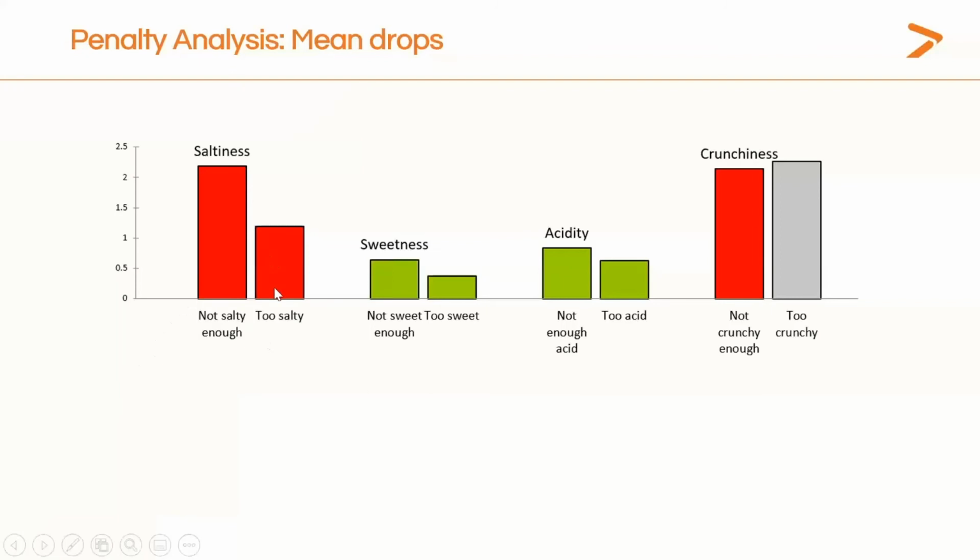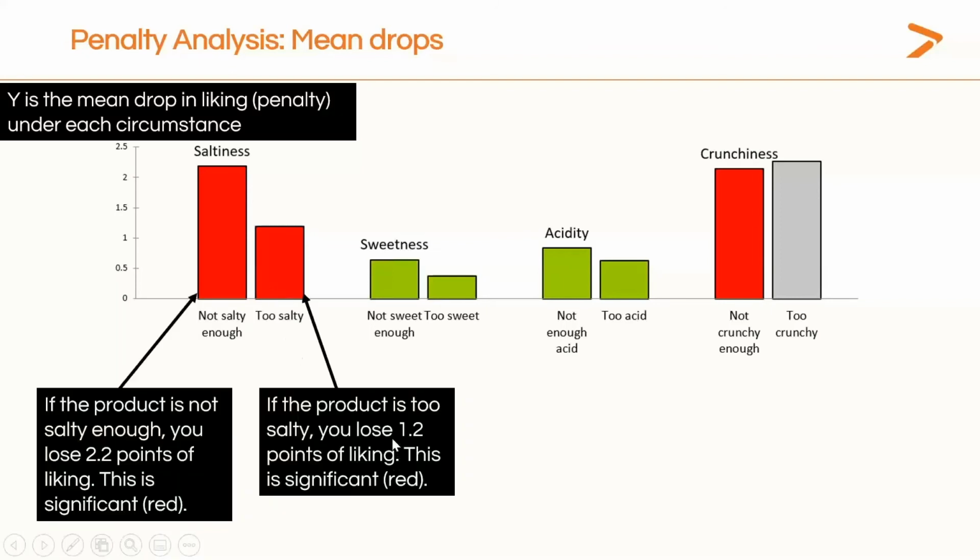Same thing for too salty. If the product is way too salty, you lose 1.2 points of liking, and this is significant. So the salty attribute is quite delicate in this kind of product. You should really be aware of this attribute while developing a product, making it not too salty or not with a very low saltiness.